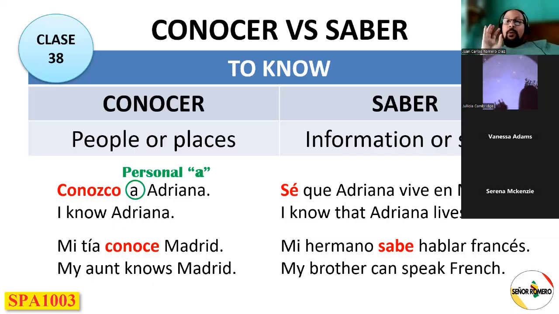So, when I say I know, as in I know how to do something, I also use the verb saber. So to know has two different verbs in Spanish. Conocer, when I know people or places, or saber, when I know information or I have certain skills.